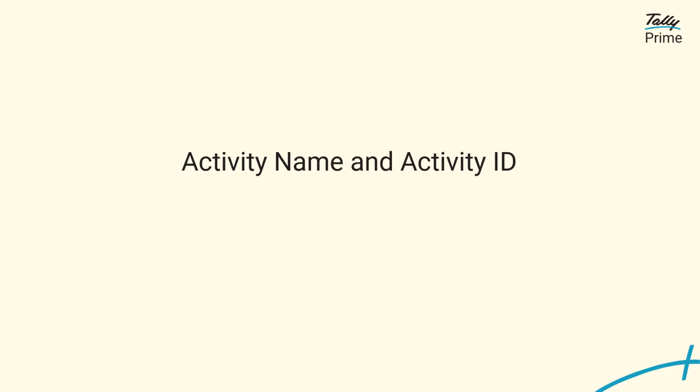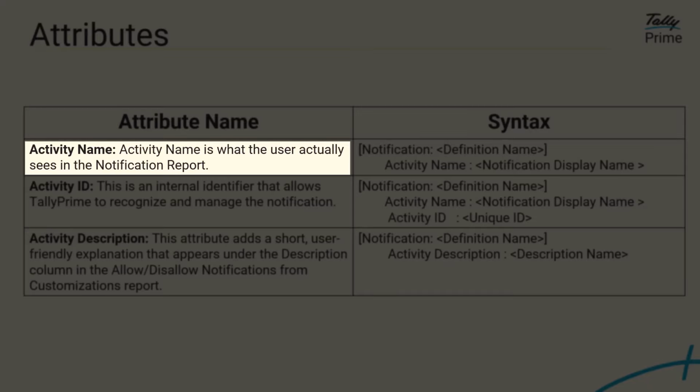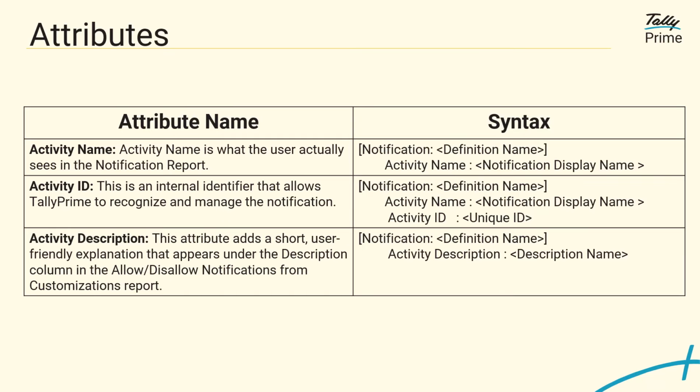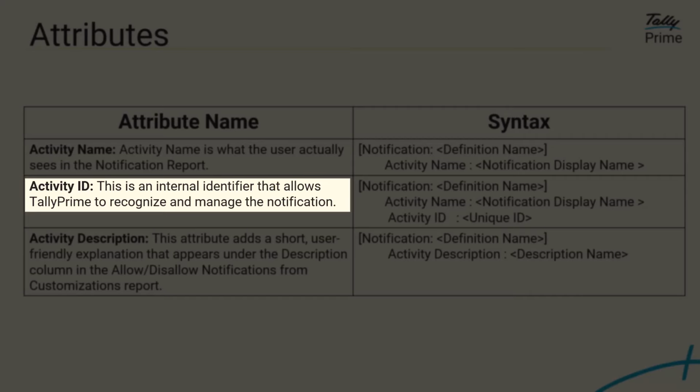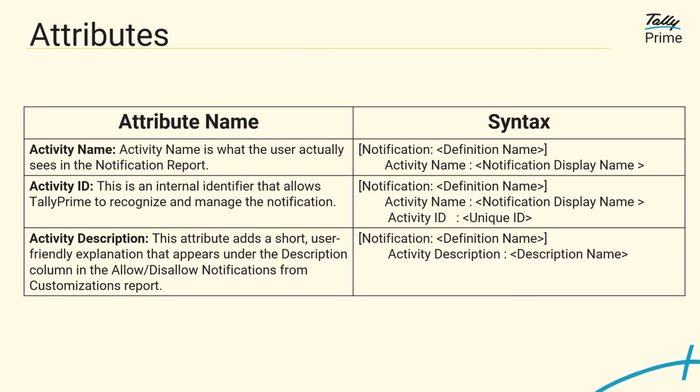Activity name and activity ID. Every notification starts with an activity name, which is what the user actually sees in the notification report. Think of it as the title of your notification, something that clearly communicates its purpose. Along with that, we define an activity ID, which is an internal identifier that allows TallyPrime to recognize and manage the notification.